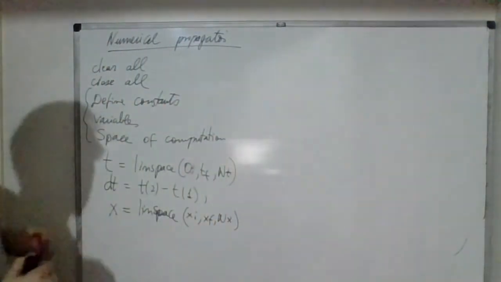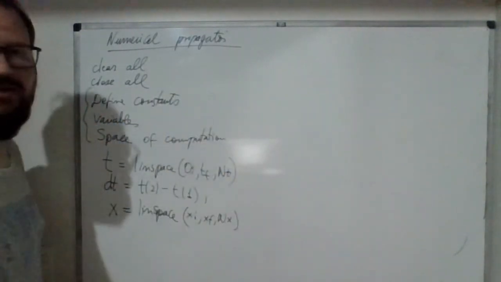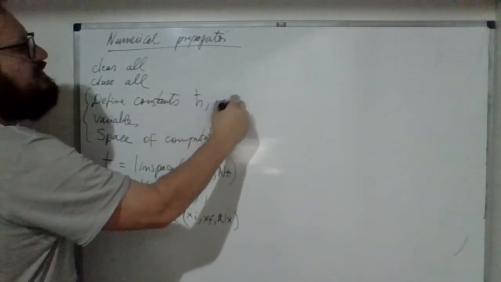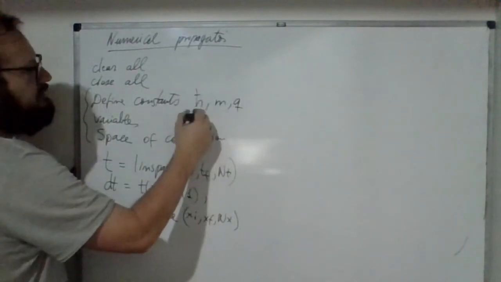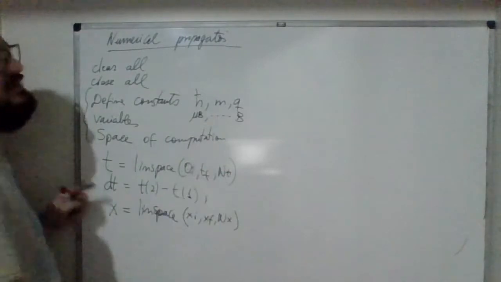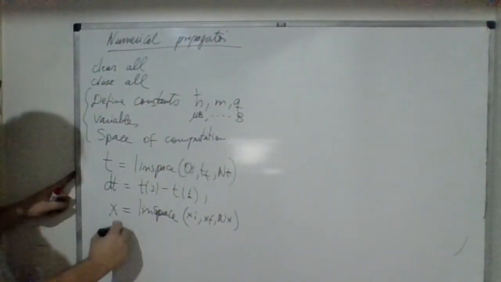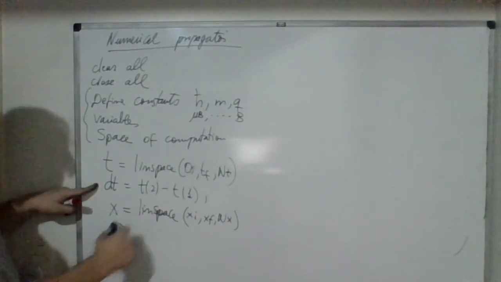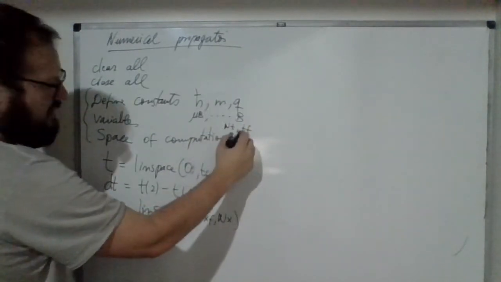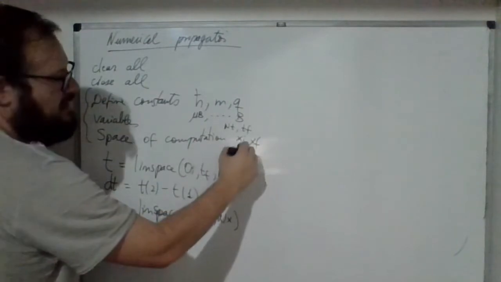But suppose you have defined all your constants, your variables, your space of calculations, the delta t here, you have the h bar, you have mass, you have charge, you have the Bohr magneton, magnetic fields as functions of time. In the next step you define the time, the number of points, the final time, the initial position, the final if necessary.